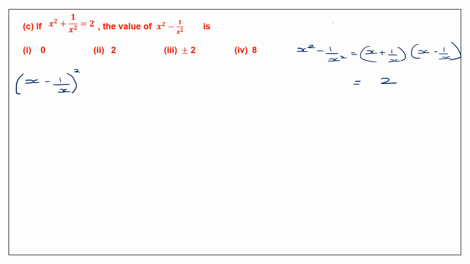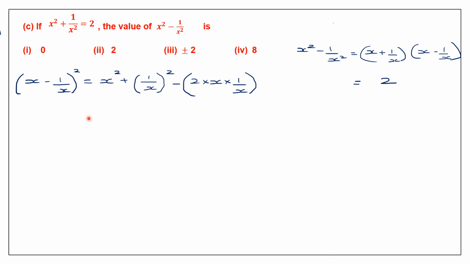So here what do we get? We get a square, it's the identity a minus b the whole square. So a square plus b square, that is x square plus 1 by x square, minus 2ab. So 2 into a into b. So we have this in the form of the identity a minus b the whole square, which is a square plus b square minus 2ab.